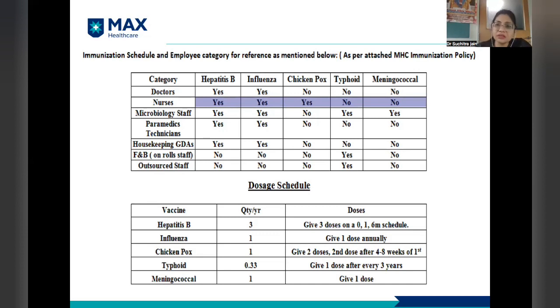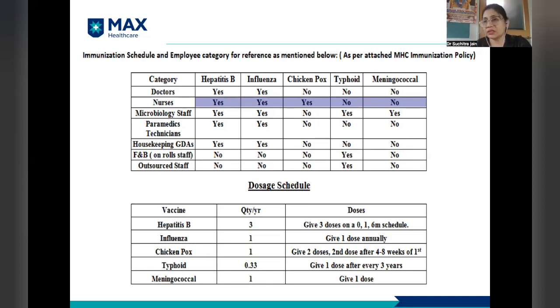In case of nursing, hepatitis, influenza, and chickenpox, all three should be given. Then microbiology staff, I would say, since I'm a microbiologist, meningococcal and typhoid vaccine, along with hepatitis B and influenza vaccine is important. Then paramedical technicians, hepatitis again and influenza.